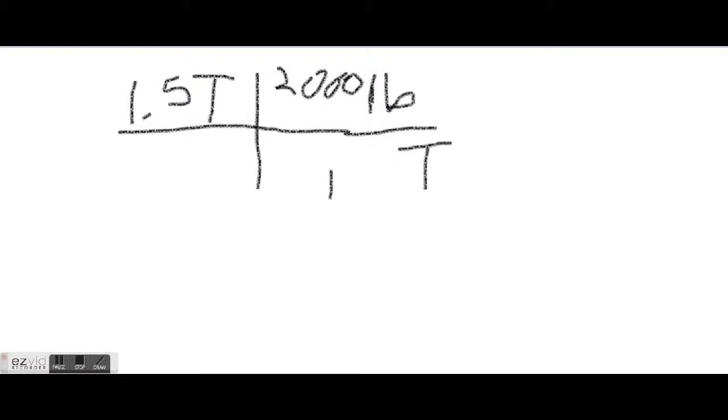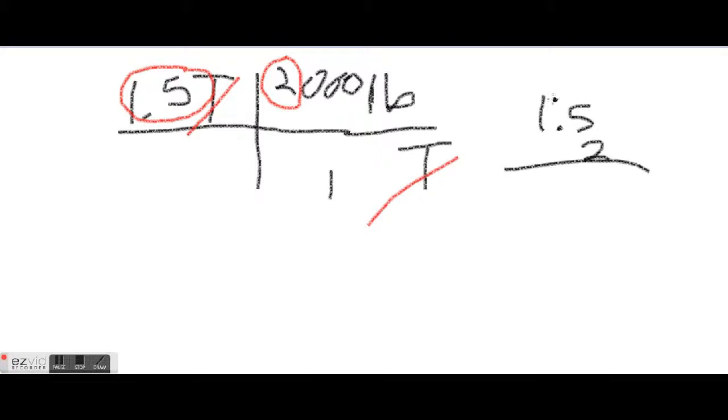So now we have to do 1.5 times 2,000, or 1.5 times 2 if that's easier. Then we can worry about the zeros later. 1.5 times 2 is 3, because 3.0 is 3. Then we add our zeros, which is 1, 2, 3. So we're left with 3,000 pounds. Alright, that takes care of that.